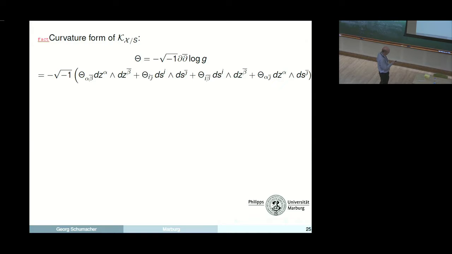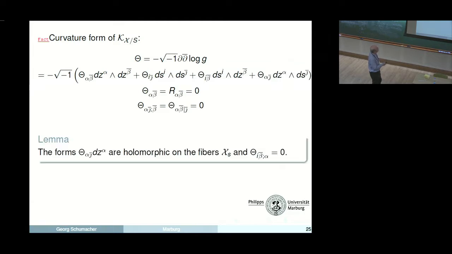these two. It turns out that the mixed components which show up give holomorphic one forms, and this is this computation.